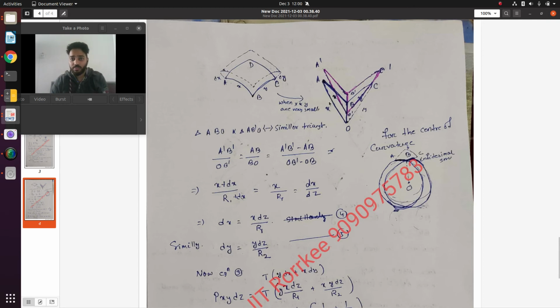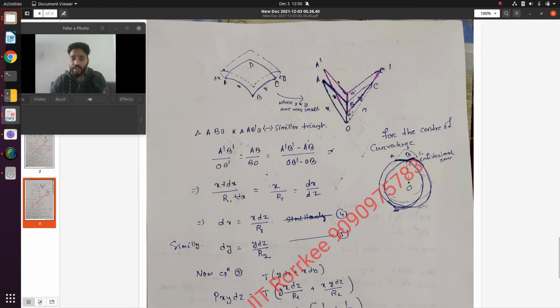For A prime B prime and B prime C prime, the center of curvature is O prime, which is just above O and just below B prime. So the distance between O prime and B prime is R2.